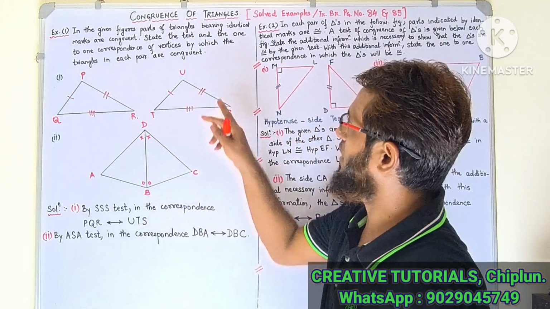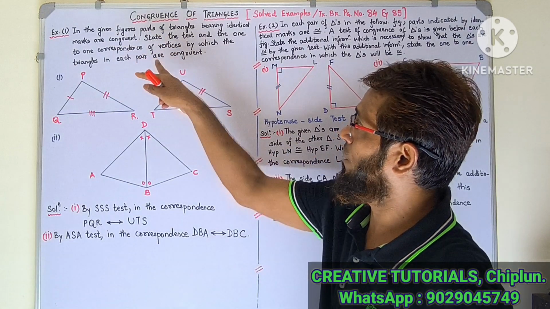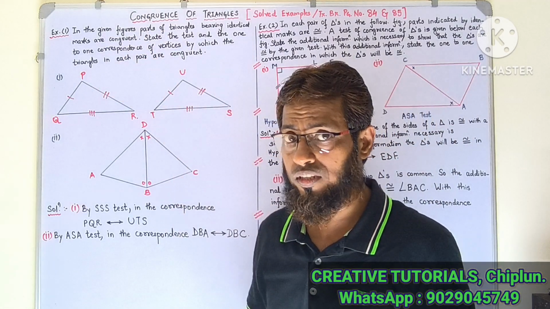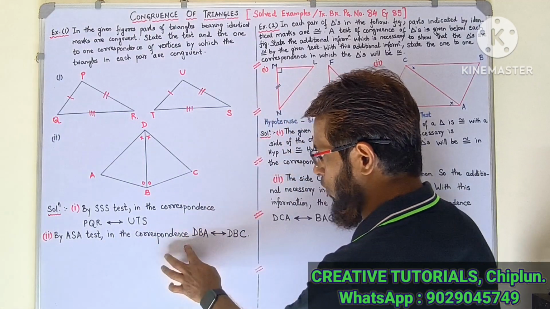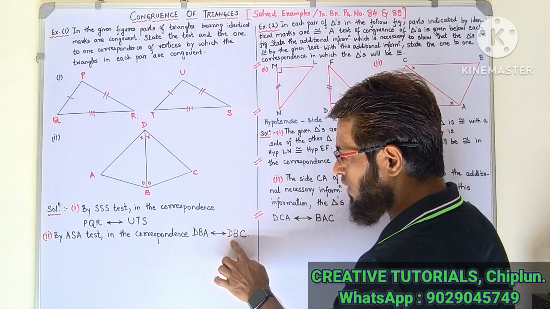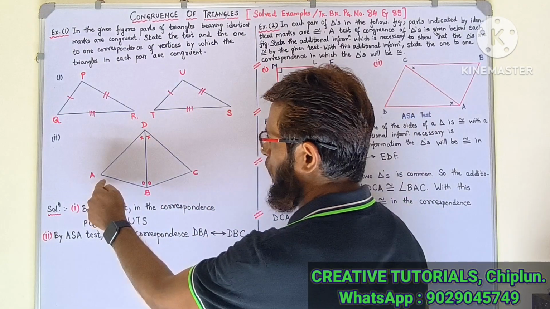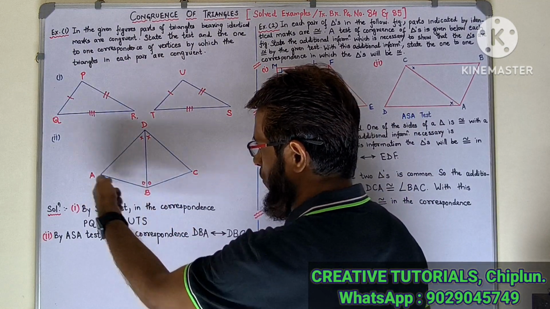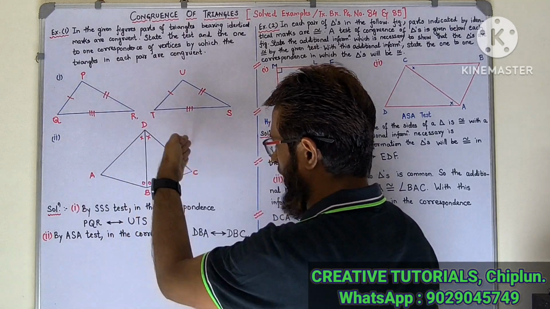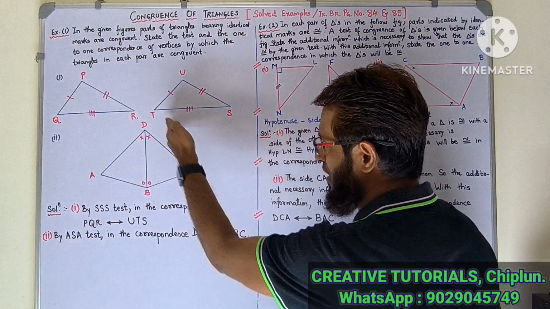Let us see the second part, that is, by which one-to-one correspondence they are congruent. You can see that I have written here the correspondence DBA to DBC. For this triangle DBA, suppose I go this way, and for this triangle DBC, this way.